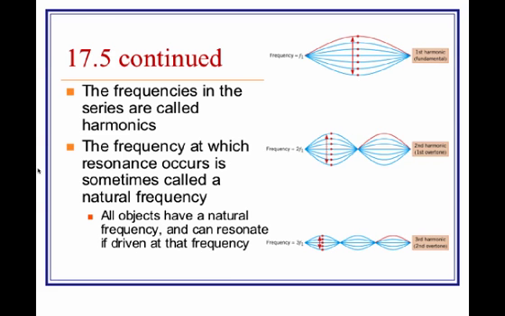Different objects can resonate, or have this building of a wave occur, at different frequencies if they're driven at one of those natural frequencies. This is when a disturbance occurs over and over again at the correct frequency to cause the vibration to increase in amplitude.